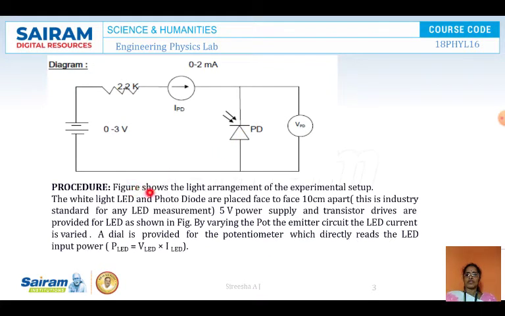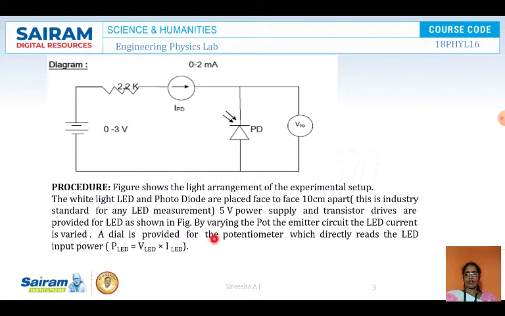Now for the procedure, the figure shows the light arrangement of the experimental setup. The white light LED and photodiode are placed face to face. This is an industry standard for any LED measurements. A 5 volt power supply and a transistor drive are provided for the LED, and by varying the potentiometer, the emitter current, that is the LED current, is varied.